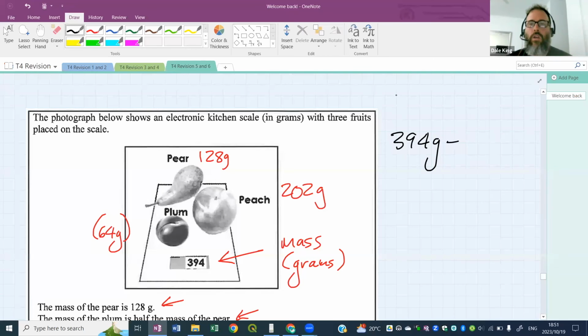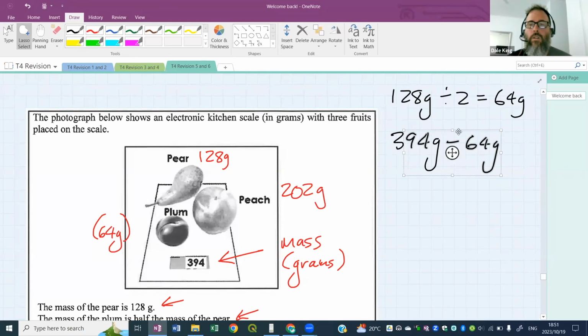So we can do a little calculation here at the top to show the marker. Look, this is how I got my 64. Divided it by 2 because it says it's half the way to the pear. So we have to do that calculation first, and then we'll bring it down here and subtract it. All right, let me just shrink this and move it over a little bit.